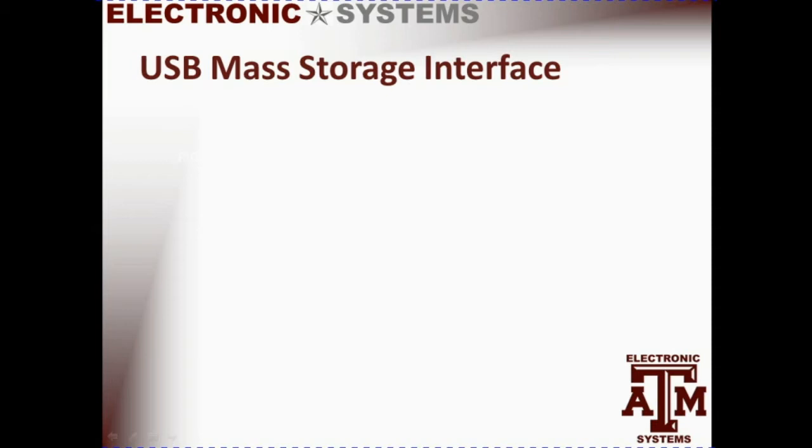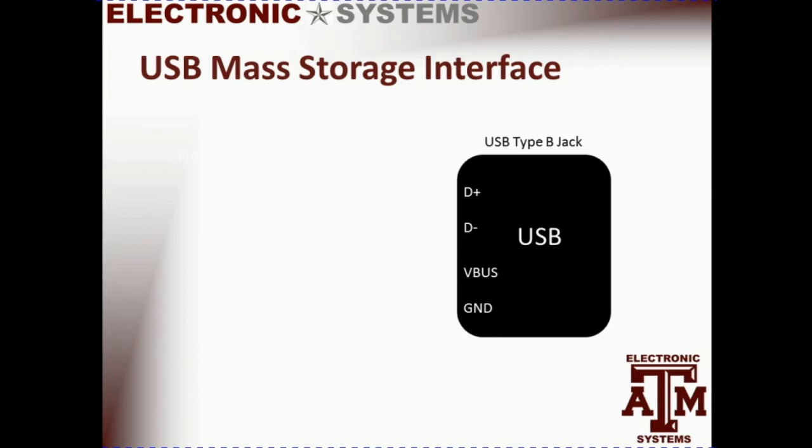Now we'll talk about the USB mass storage interface. Using a USB Type B jack that is mounted on the NESI board, we are able to plug the system into the NanoRacks chassis. As we've already indicated, the USB port does provide the primary 5 volts and ground reference to the NESI board.